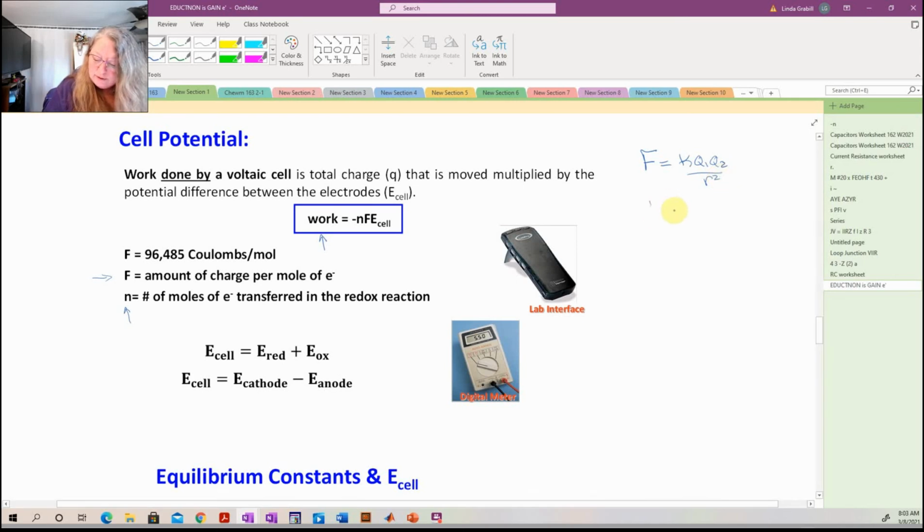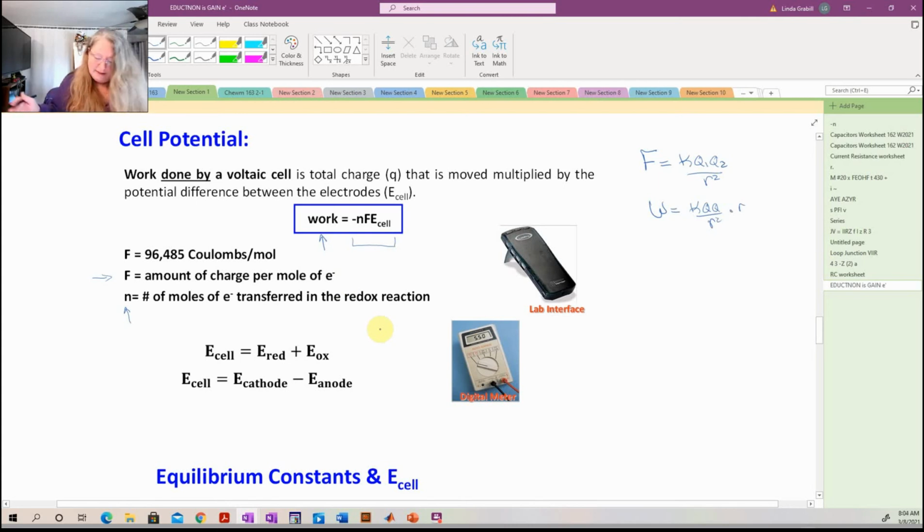So then the work, what are we saying that's going to be this electrostatic force times some distance that it's traveling, right? All we're doing is defining this now in terms of the amount of electrons, the amount of charge per mole of electrons, and then the electrostatics, or the E potential of the cell.